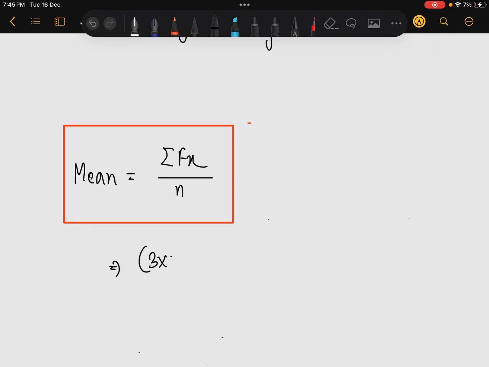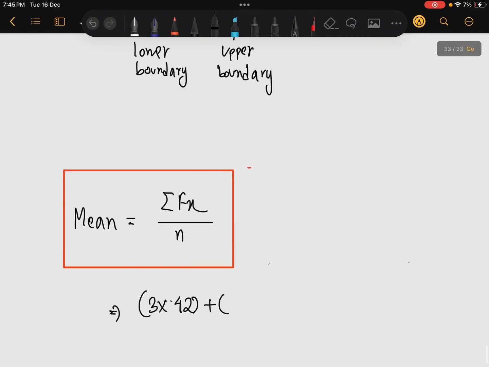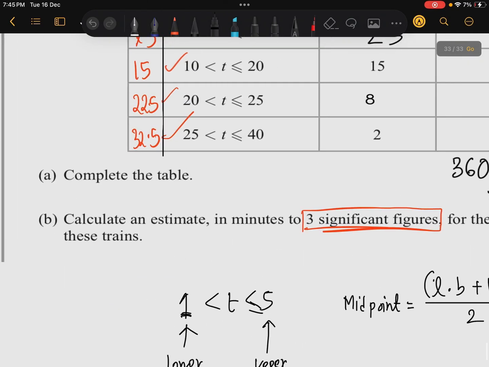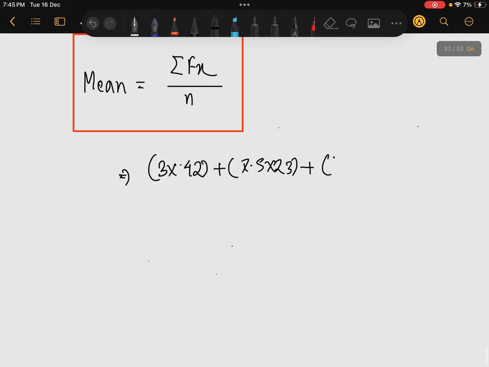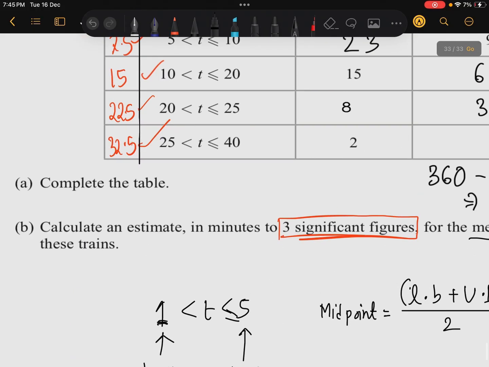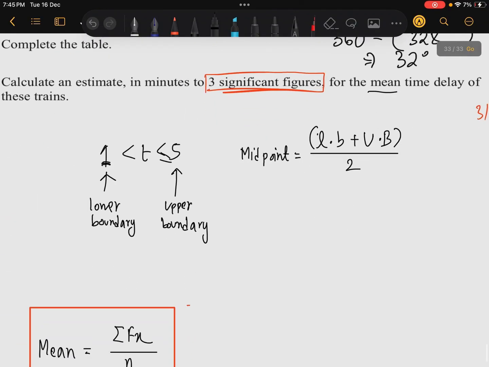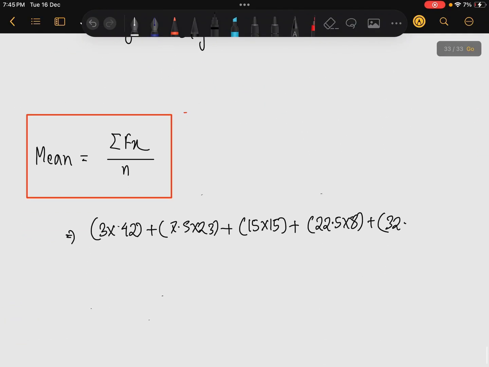So 3 into 42, add 7.5 into 23, addition 15 multiplied with 15, 22.5 multiplied with 8, 32.5 multiplied with 2.